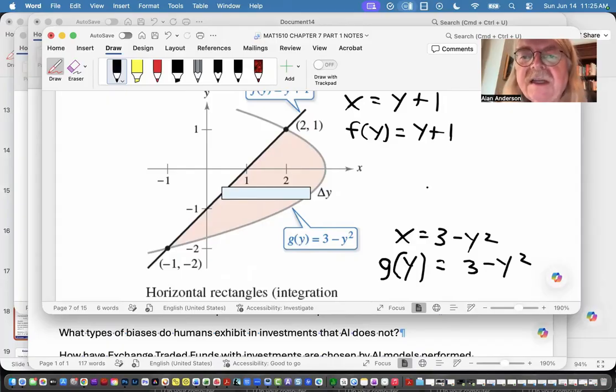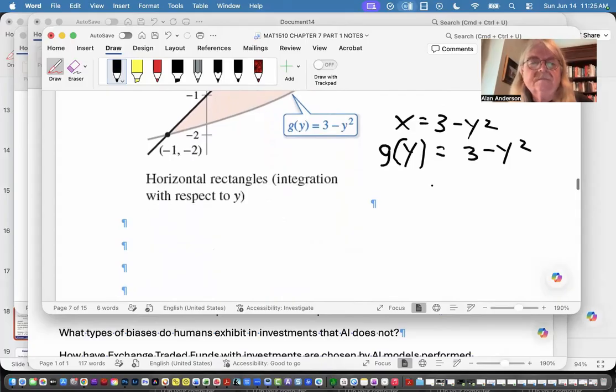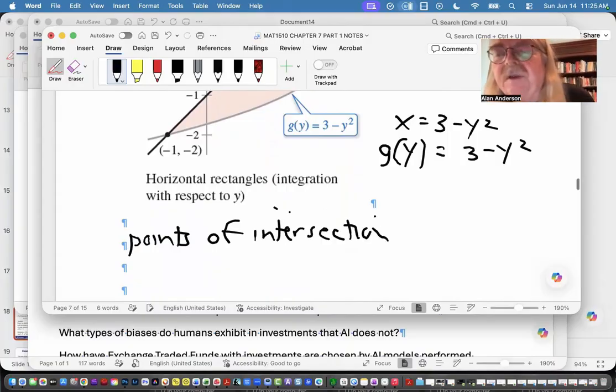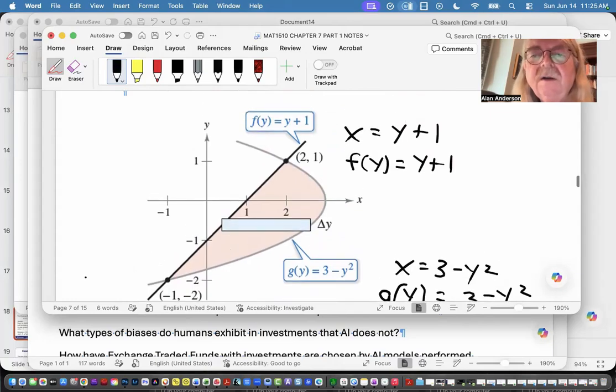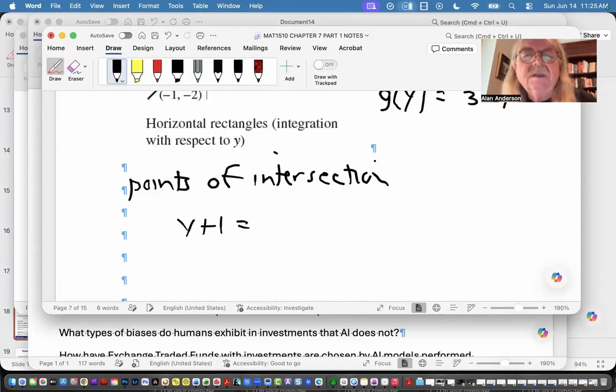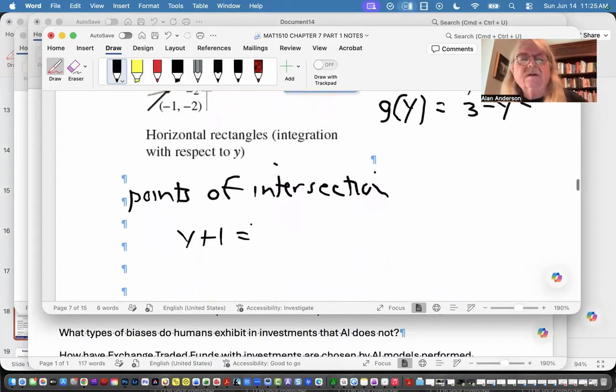Now, also, they're expecting us to find the points of intersection. So we'll do that right now. And of course, you can see there's two of them because one of these curves is a quadratic function. So y plus 1 equals 3 minus y squared.